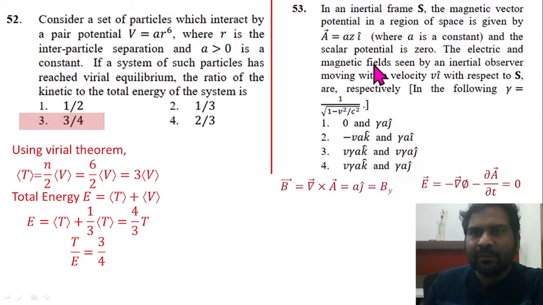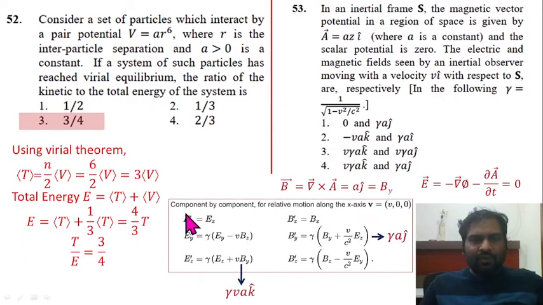The electric and magnetic field seen by an inertial observer moving with a velocity v i cap with respect to S are respectively? So just use this particular formula, component by component, for relative motion along the x-axis. So these are the formulas. After using this, there is only the y component of B, so this particular term survives, other terms will be 0.